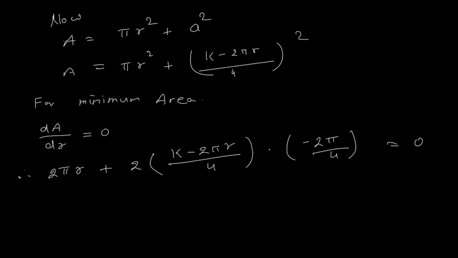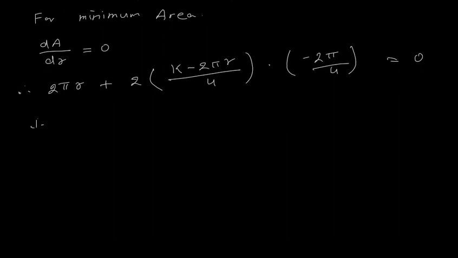So therefore for area to be minimum I should have this condition. Now here I can take this 2 pi common. So after taking 2 pi common, here I have r plus, this 2 on the 2, 2 to the 4, and this 4 to the 8.